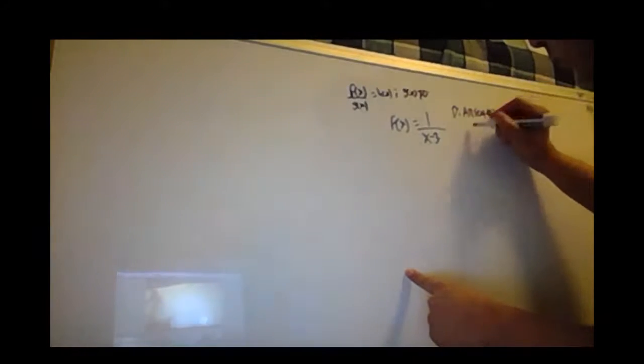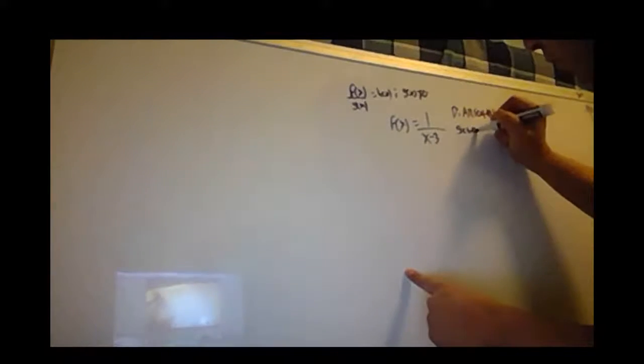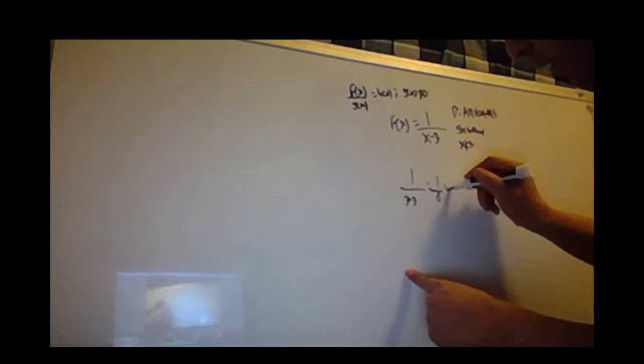The domain would be all real numbers such that x does not equal 3. Because if we have 1 over 3 minus 3, that's 1 over 0, that's undefined. And if we graph this function here, we are going to have a vertical asymptote at 3.